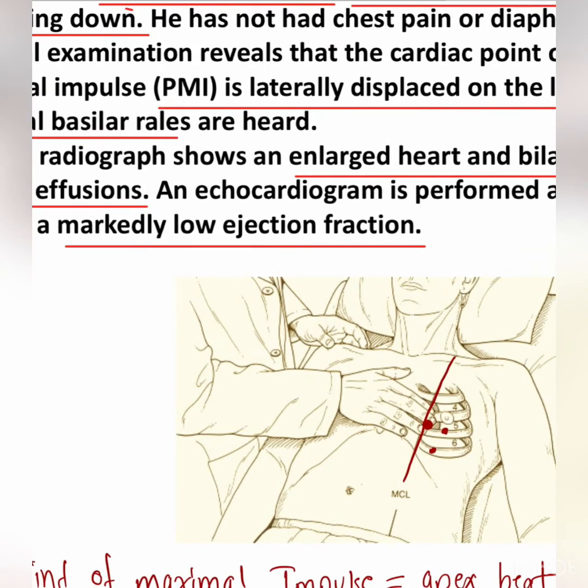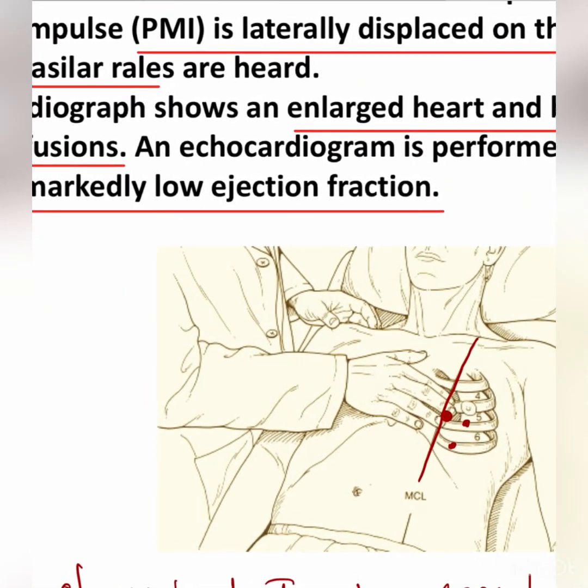In addition, he has rales, which are abnormal respiratory sounds heard when the alveoli are filled with fluid, meaning this patient's alveoli have fluid. The chest radiograph, meaning chest x-ray, demonstrates an enlarged heart, and he has bilateral pleural effusions. Pleural effusion means the presence of fluid in the pleural space.